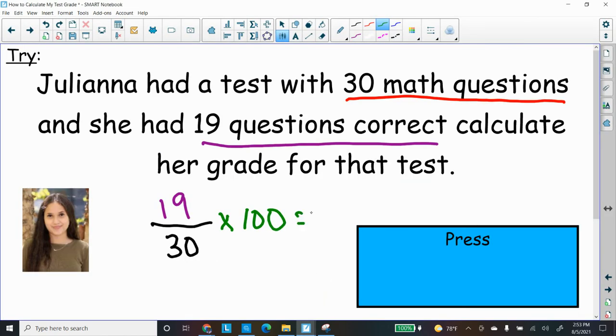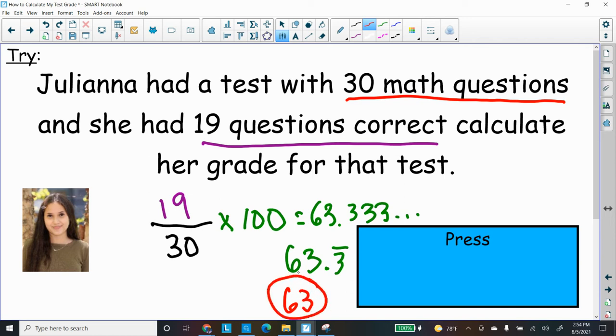So she gets a 63.333. And I'll just draw a dot, which means it goes on and on forever. Or I could write 63, if you remember, 0.3 with a line on top. So basically, if we round this off to the nearest whole number, she gets a 63. So that would be her grade.